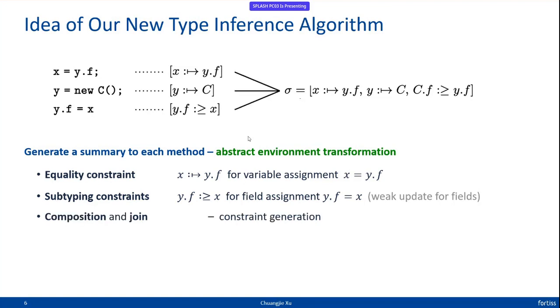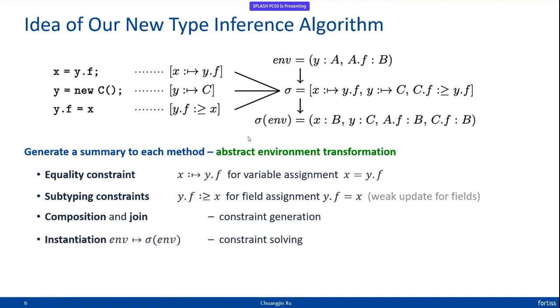And after that, we need to combine them, right? So we define some operations like composition and joins on these abstract transformations to combine these constraints in order to generate a transformation. This corresponds to the constraint generation in some constraint-based analysis.